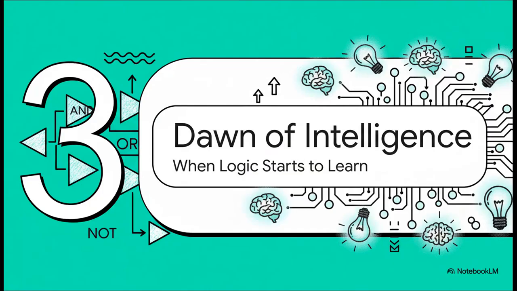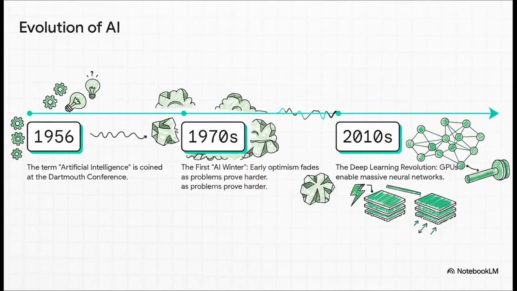So we've climbed from the physical hardware up to the abstract world of logic. But there's one more leap to make, and it's the biggest one yet. What happens when we use these algorithms to build systems that don't just follow our instructions, but actually start to learn on their own? This is where artificial intelligence is born. You know, AI didn't just appear out of nowhere.